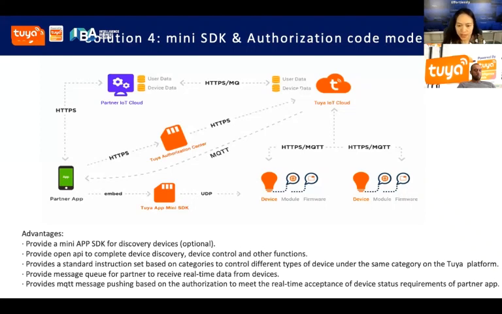For example, when you use third-party voice control, when you go to the Alexa or Google Home app, you click some buttons to jump to a website to enter your account and password, which is a similar way. You use this way to get full control of the devices under the same category on the Tuya platform.